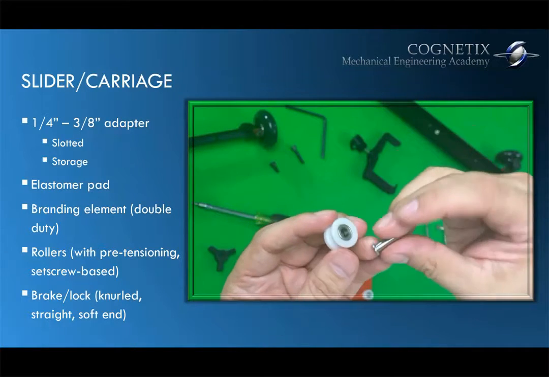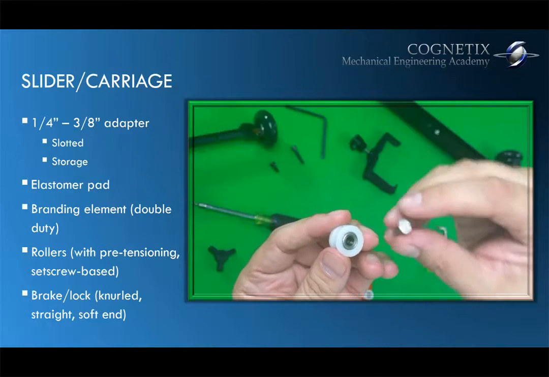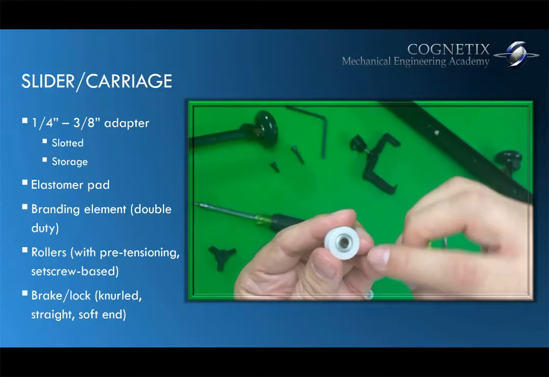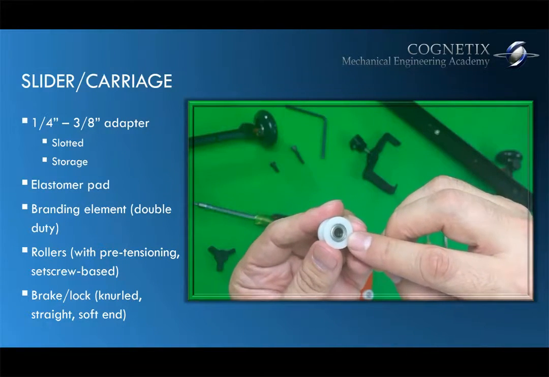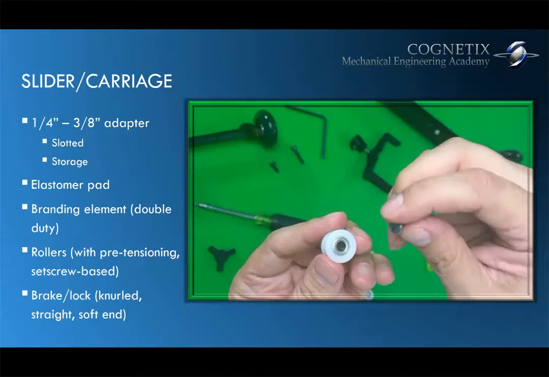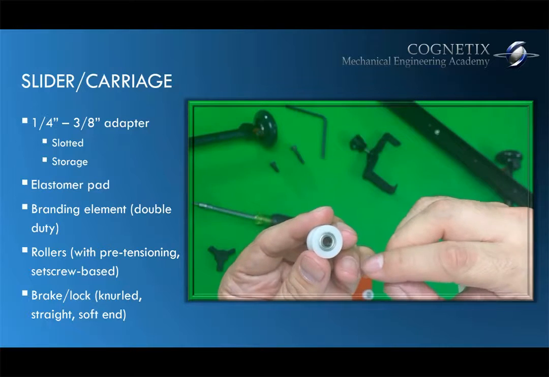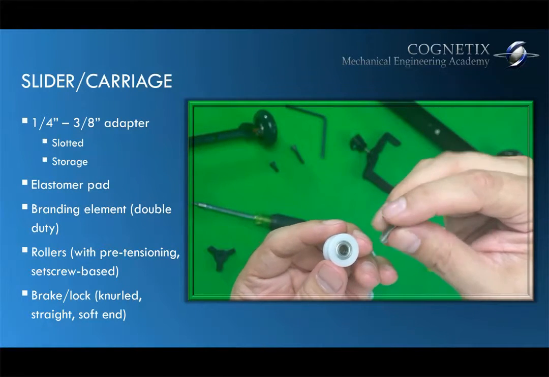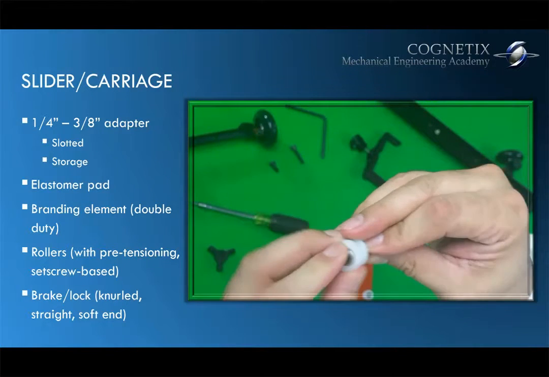Now, keep in mind though, since we have an inner race and an outer race, let's say the head of this fastener was large and it was as large as the outer race, it would create a conflict. The head of the screw itself would prevent the bearing from functioning properly. So the diameter of this head is large enough, but not too large.